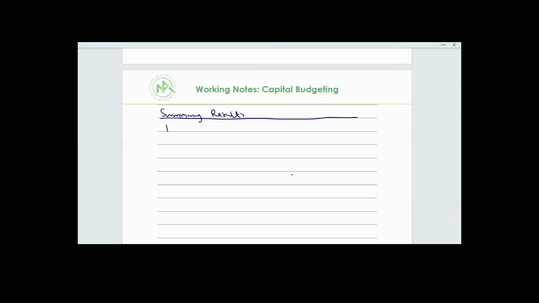So here will be projects. Here will be methods. Okay. So we have NPV, IRR, payback period. Then we have accounting rate of return.